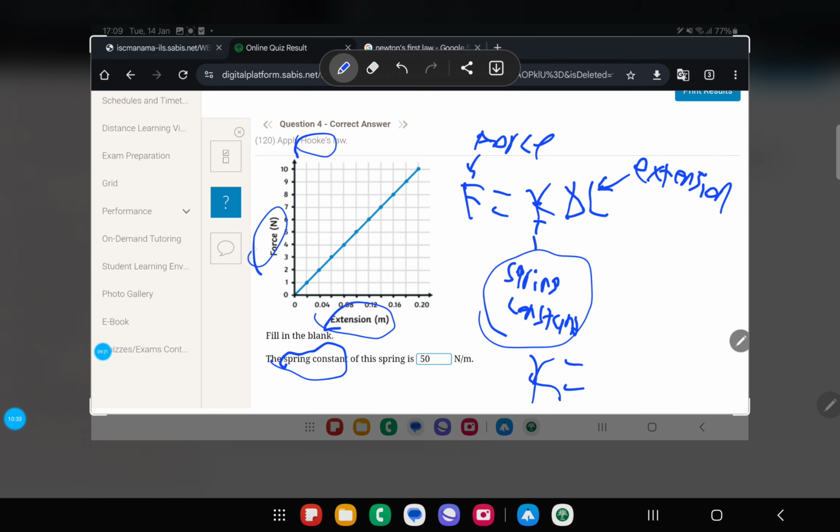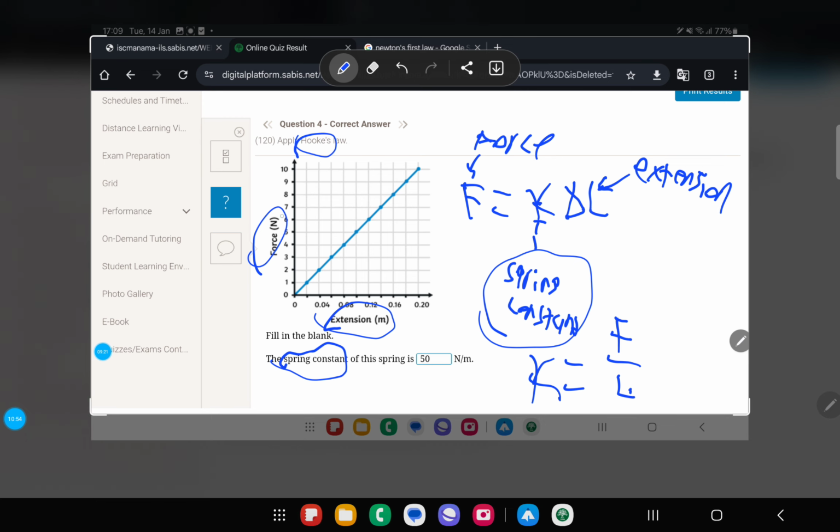Since the force and extension are directly proportional, we put F over L. So we divide the force by the extension.